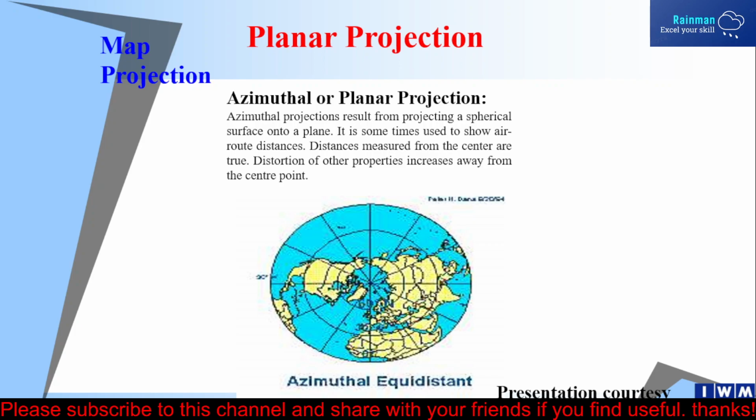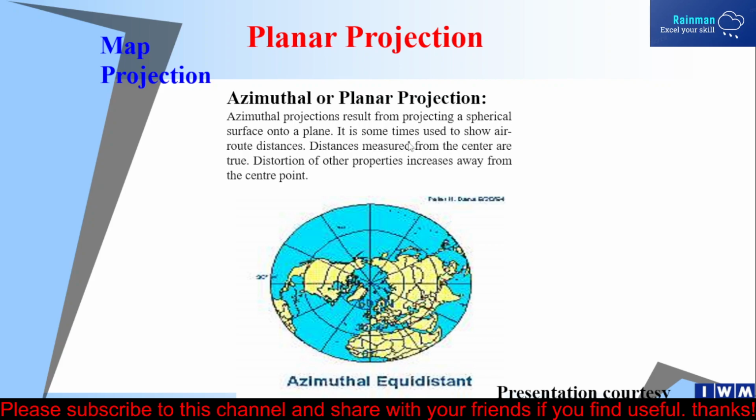And this is the azimuthal projection system. This coordinate system is not that popular in Bangladesh. This is actually another kind of projection of our globe. Azimuthal projections result from projecting a spherical surface onto a plane.